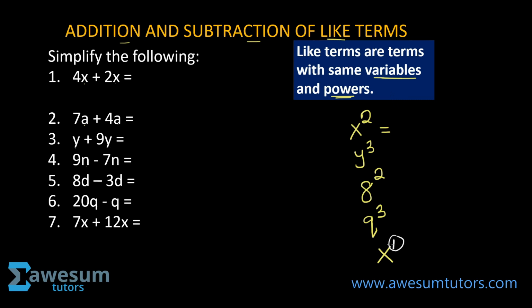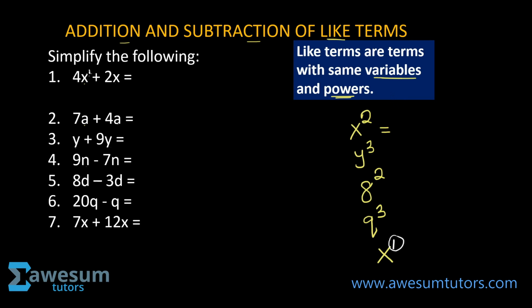So that means if you have 2 letters which are the same variable, the same letter, and they have the same power, they're going to be like terms. For the sake of this class, we are going to be looking at letters with 1 as their power. But as we know, you do not need to write 1 because we will make it invisible.